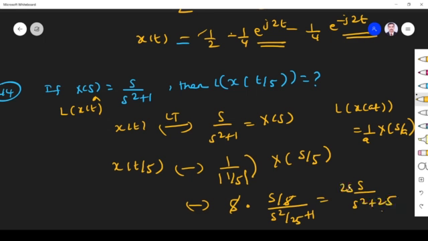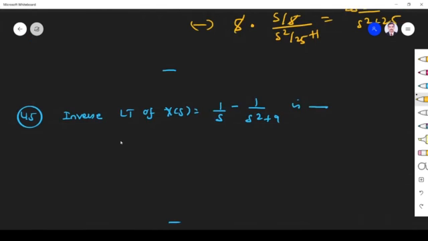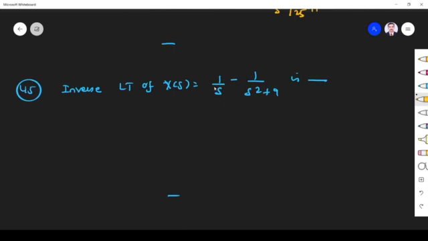This denominator will come. So 25s divided by s squared plus 25, right? So this is our answer. This is the Laplace transform of x of t by 5. Okay.